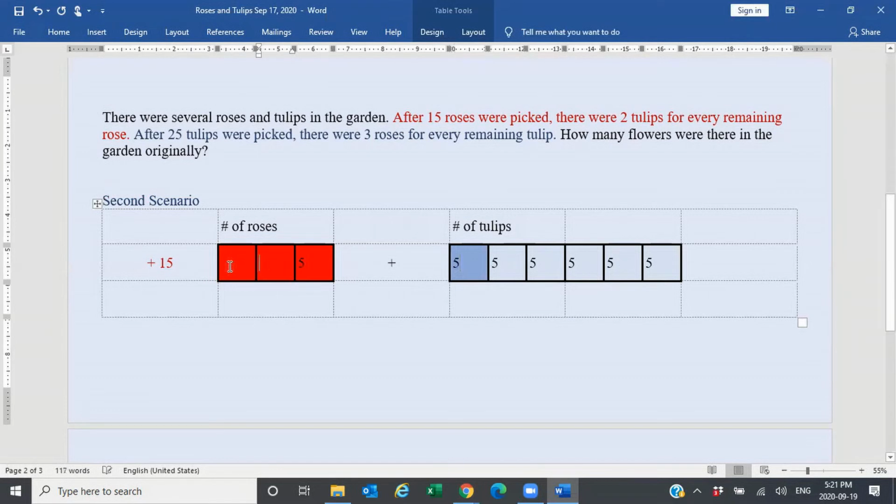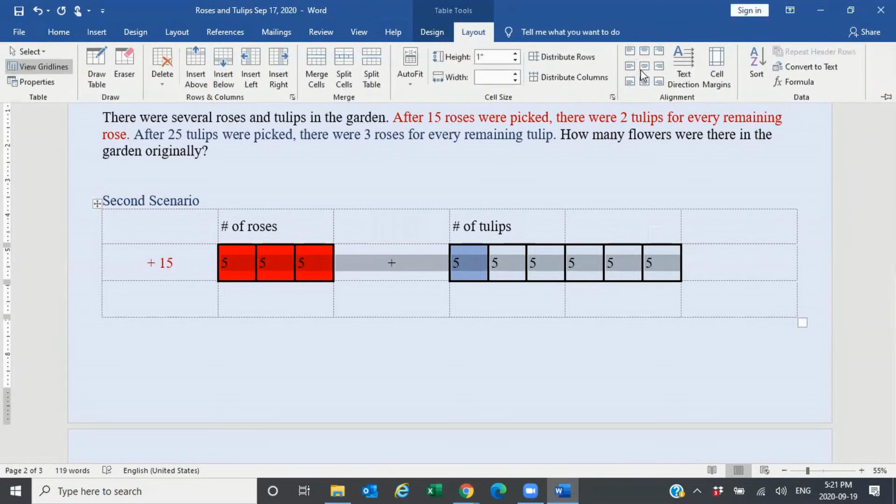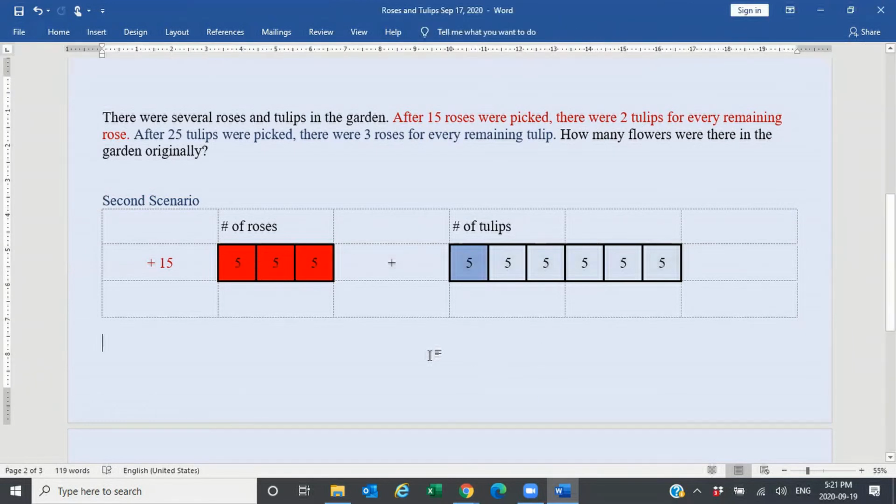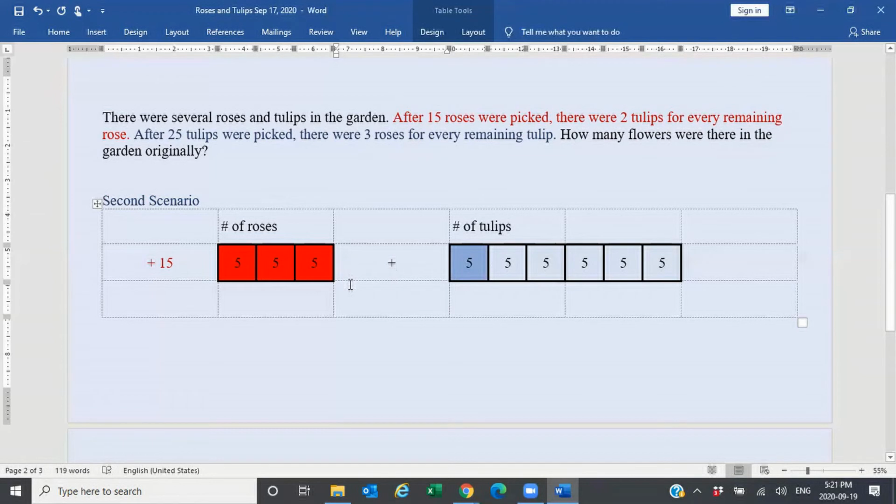So every smaller rectangle represents 5. And I don't like it like this, so I'm going to go over here and center them. Perfect. I also highlighted the plus sign, but that won't do anything because it's already centered. All right, so we did that.